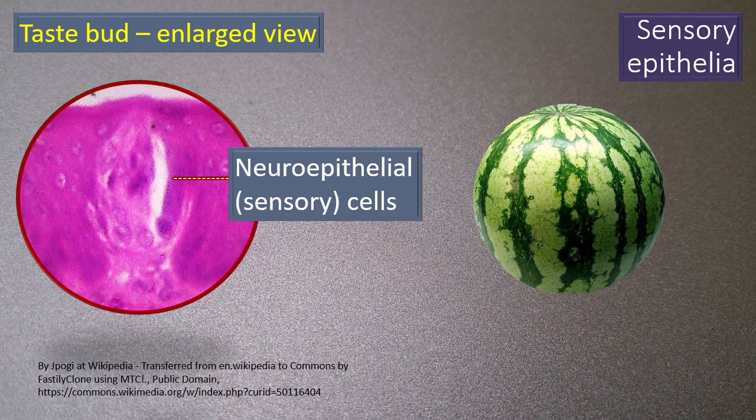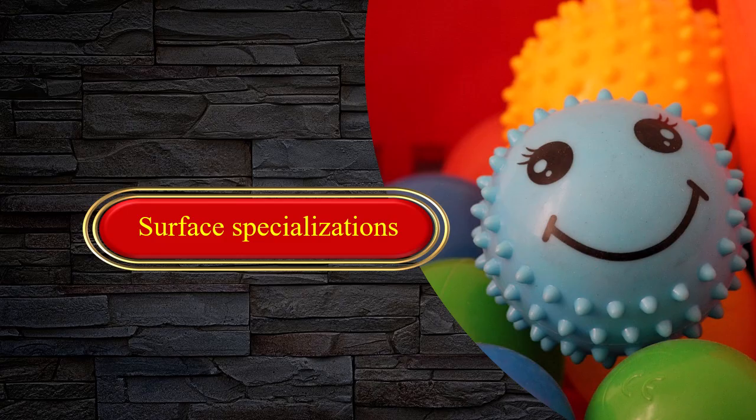This fruit here will give you an idea how these cells are, and these cells are chemoreceptor cells, and their sensitization results in conversion of whatever taste is there into appropriate nerve impulses which are conveyed to the brain. That is why they are called sensory epithelia or neuroepithelial sensory.